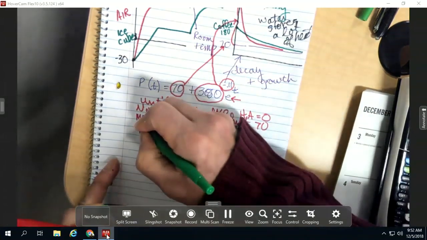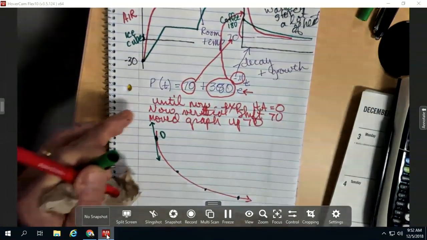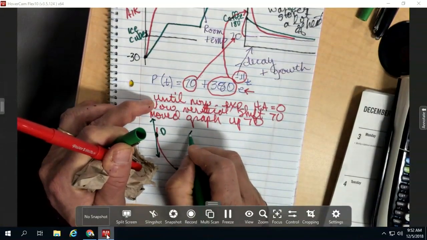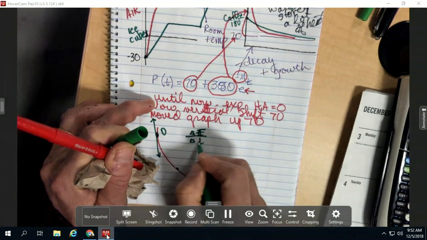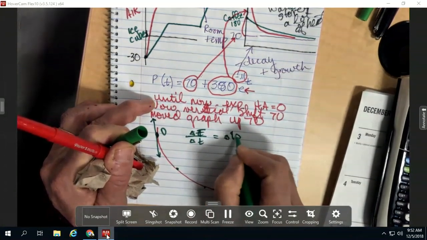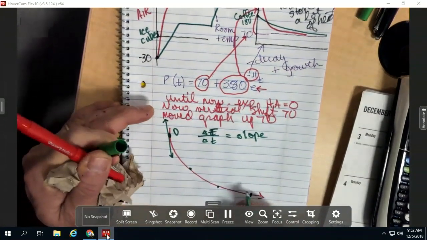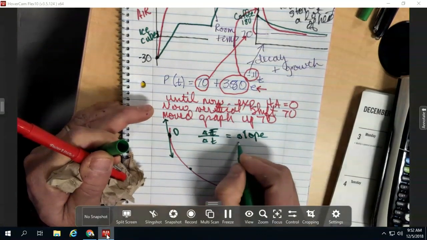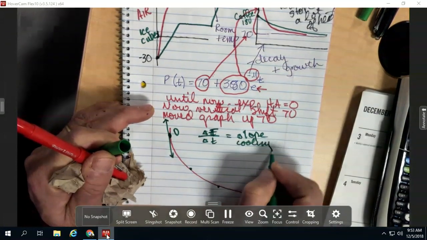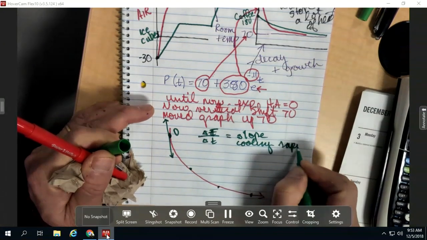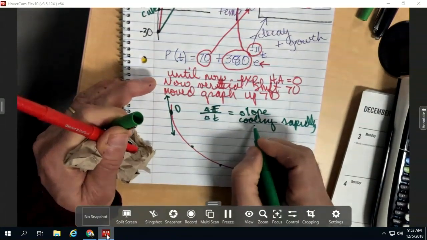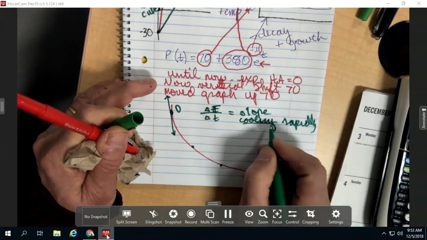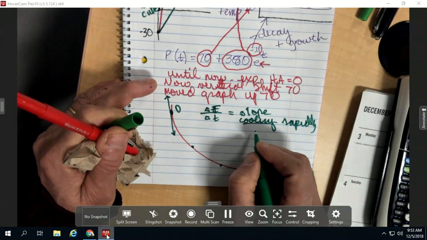Does everybody agree this is how the temperature is changing? Change in temperature per change in time, which is the slope, right? The slope here is cooling rapidly, right? How does the cooling part translate in our equation or in our slope?